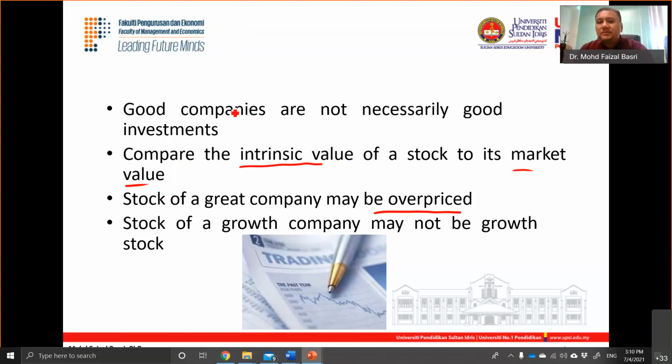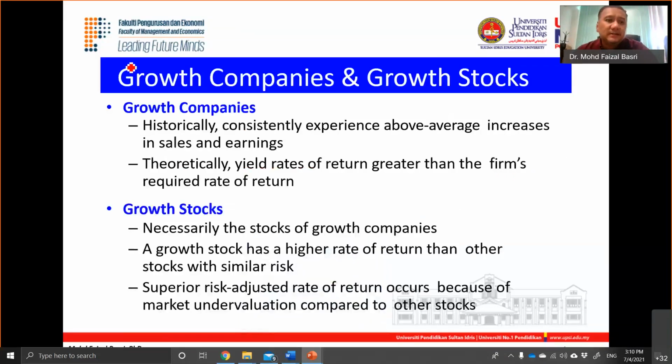Before we go into the detail of the analysis, maybe it's good for us to recap the types of companies or types of stocks available in the stock market, if we are looking at the equity side. For the first type of company, we have what we call the growth company.